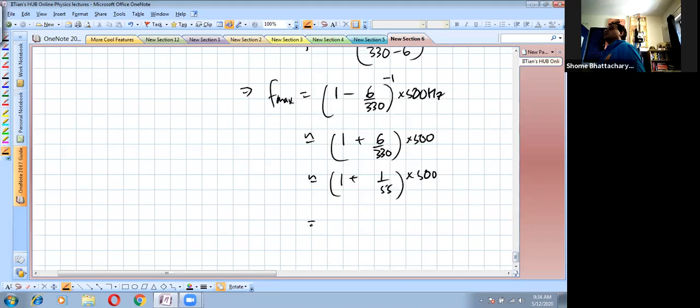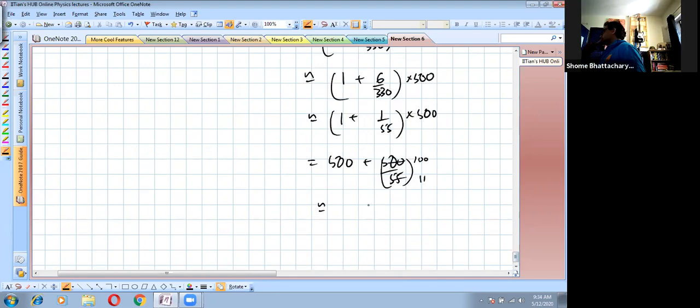So that is 500 plus 500 upon 55. So it is nearly this, this is the maximum frequency.